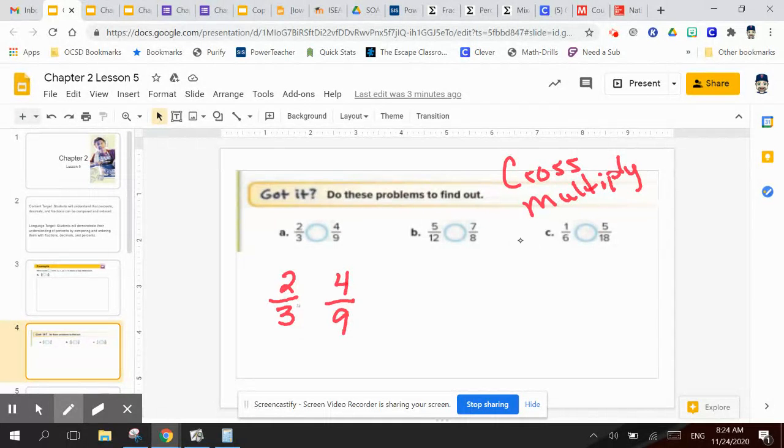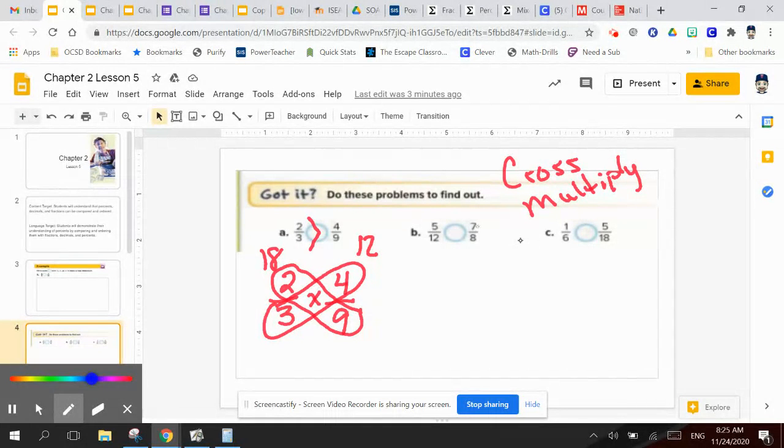And I'm going to cross multiply those. Opposite denominator times the opposite numerator. 3 times 4 is 12. 9 times 2 is 18. I know that 18 is larger than 12, so 2/3 is greater than 4/9.